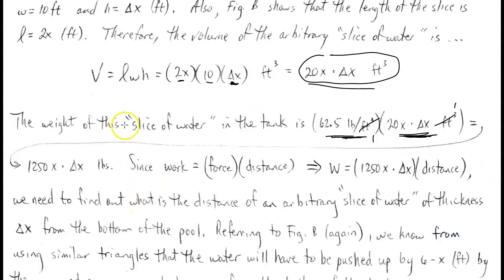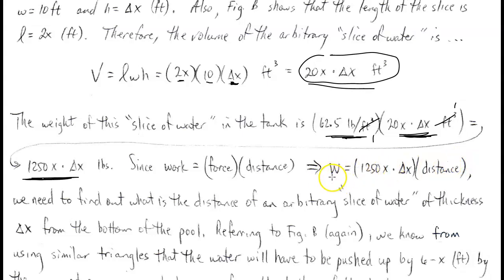And so we see that for a given level of x feet above the bottom of the tank, this is going to be the actual force, or the weight of that particular slice of water, okay?